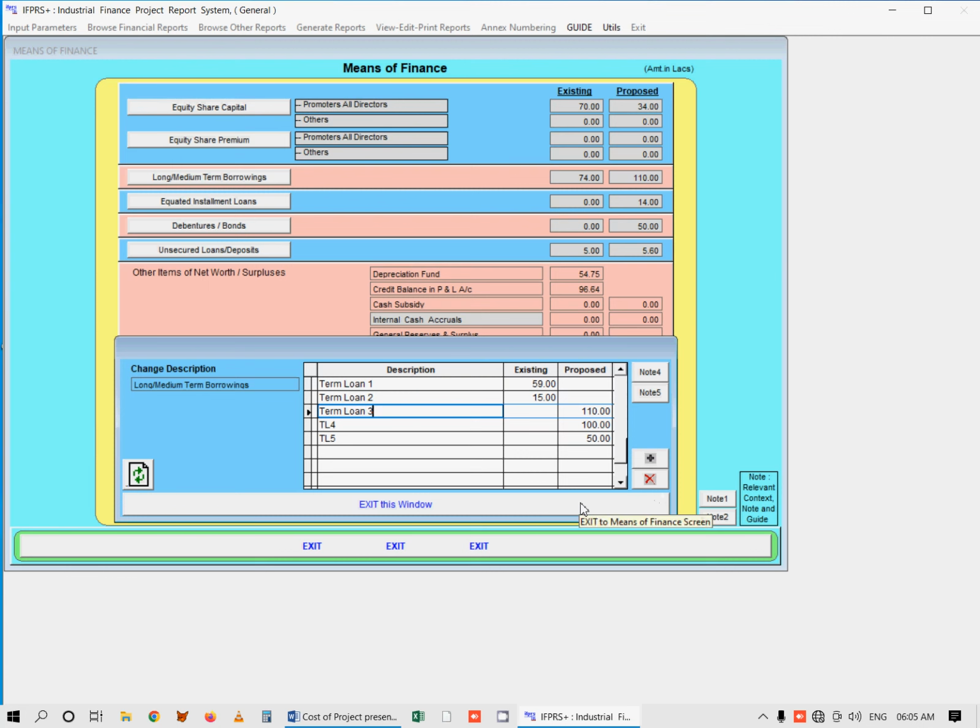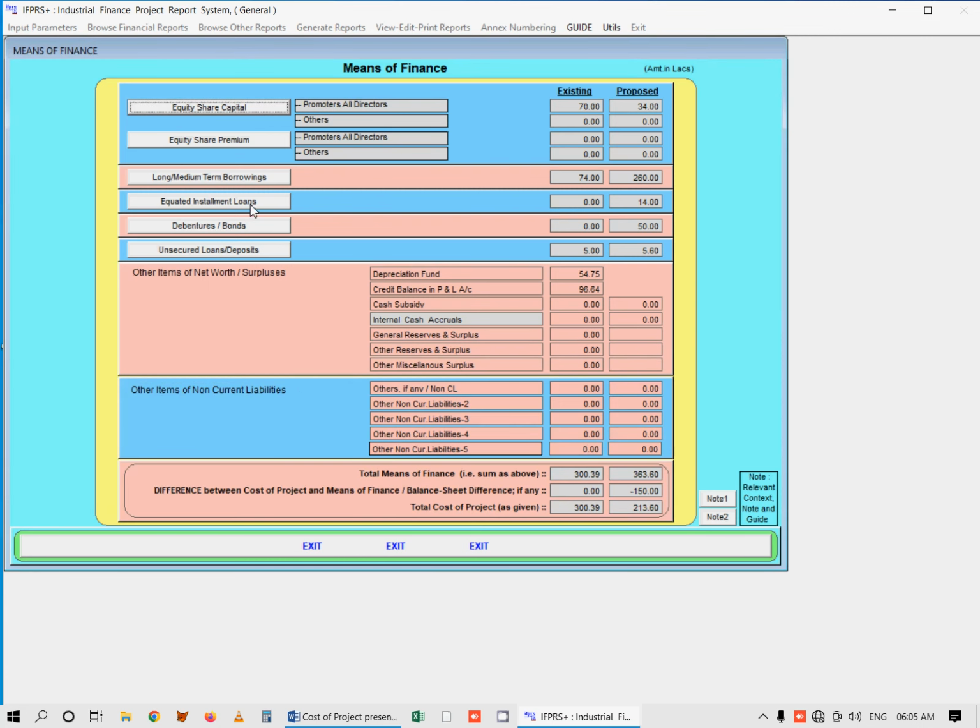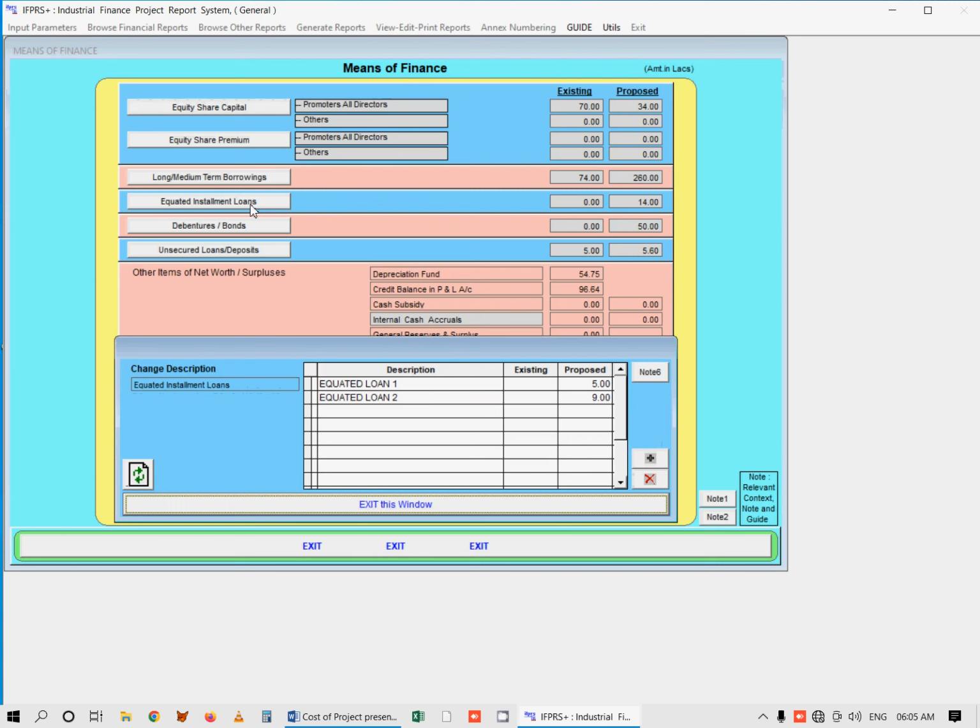Then the next item is equated installment loans, wherein, the same way as term loans, you may specify n number of equated loans. Say you may come across an existing balance sheet with 10-15 different types of equated loans from NBFCs, or you are intending to avail different equated loans as proposed.